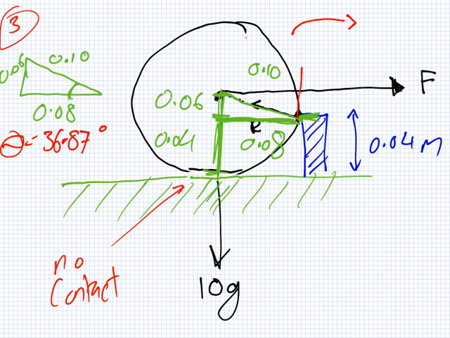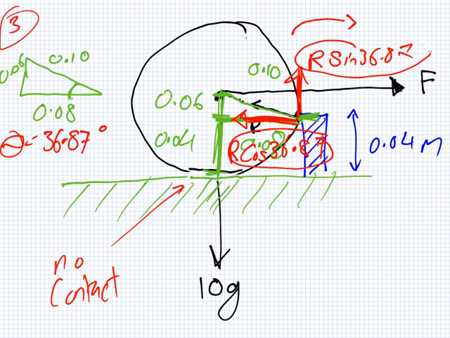So do we know this force? Here, this will be R sine 36.87, and this one here is R cos 36.87. But R sine 36.87, what must that equal?